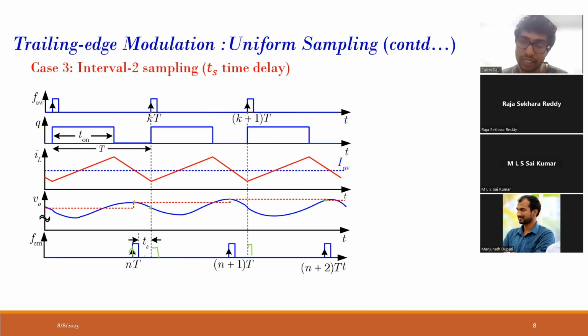Now, this TS delay stands for conversion delay. When I take the sample, I give the start of conversion signal. Only after the ADC generates an end of conversion signal can I read the ADC's data and proceed with my algorithm. So for that, I need to give a certain delay. So this TS stands for that delay.